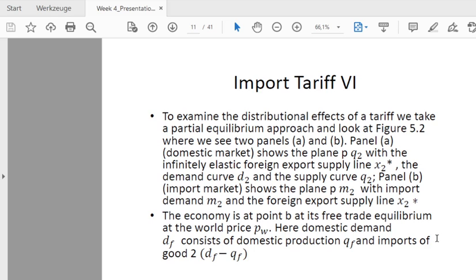Here domestic demand, DF, consists of domestic production QF and imports of good 2, DF minus QF.